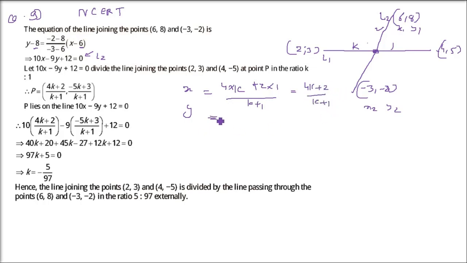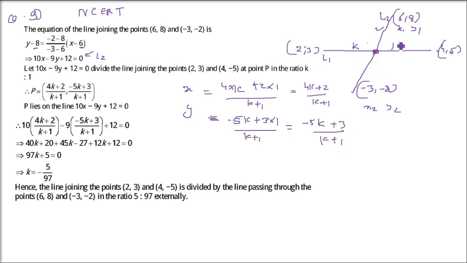And the y coordinate will be (minus 5 into k plus 3 into 1) divided by (k plus 1), so what you are going to get is (minus 5k plus 3) by (k plus 1).